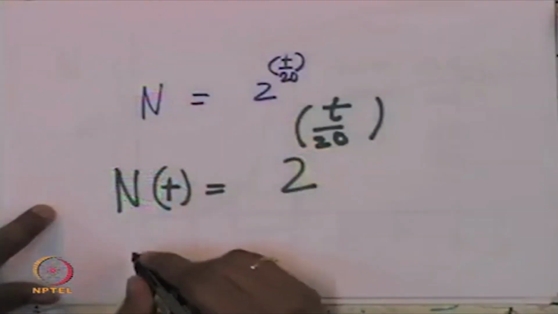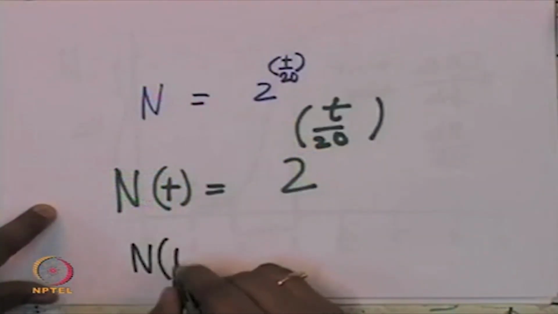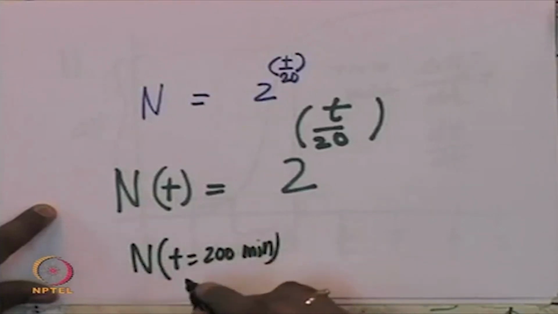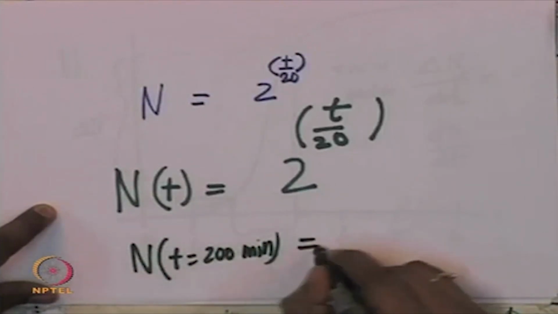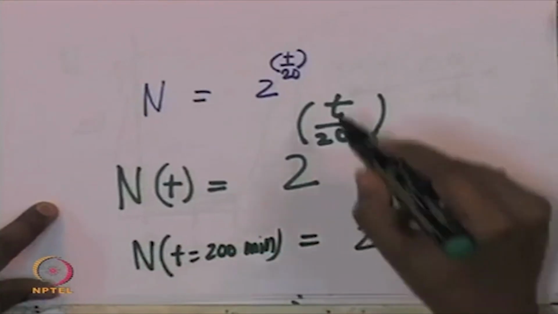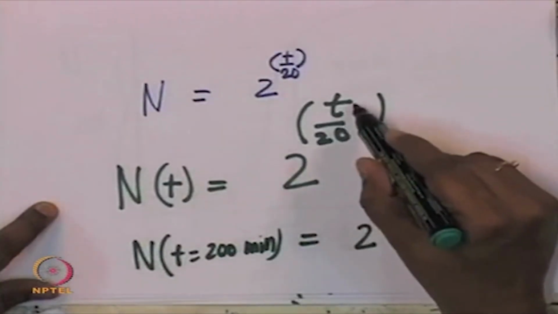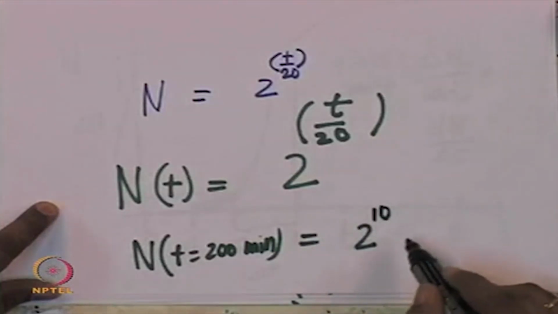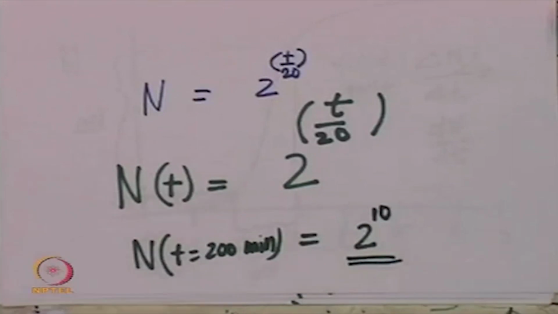Let us go back here. n at t equal to 200 minutes is equal to 2 power t by 20; 200 divided by 20 is 10, so it is 2 power 10. So, there will be 2 power 10 bacteria.